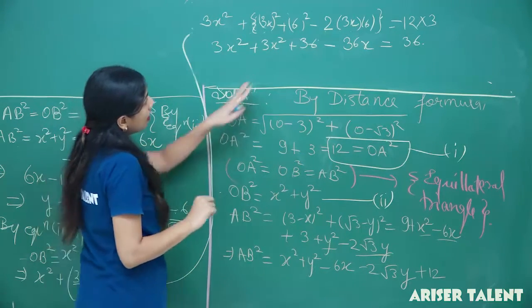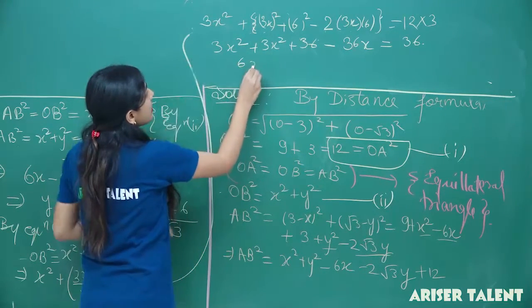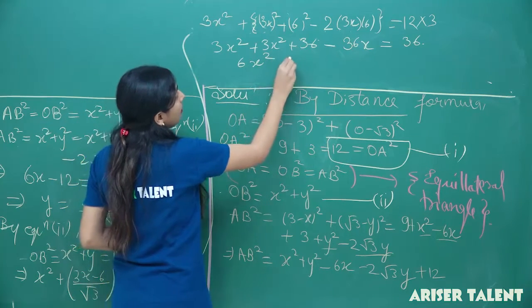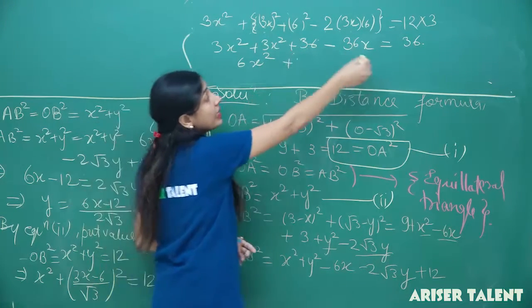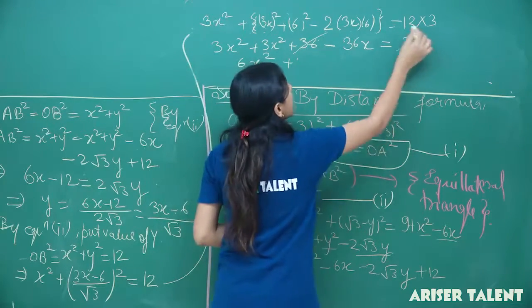So that will be 6x square plus 36 minus 36x plus 36, and the 36 here and 36 here I can simply cancel.